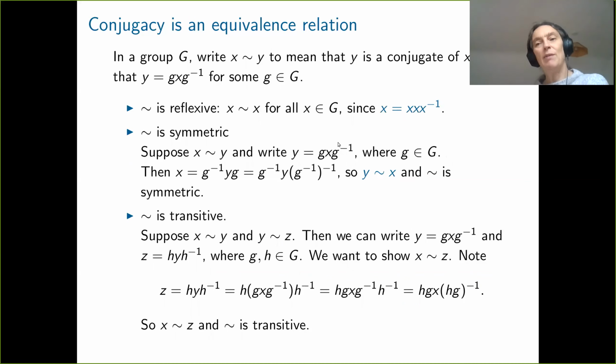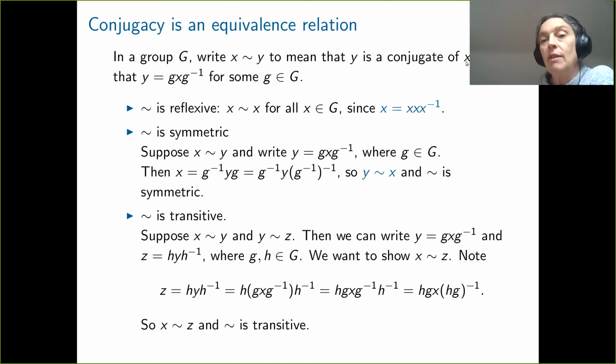Well, a relation on some set, for example a group, is a statement that one element can be related to another, or that certain elements can be related to certain others. We're going to use the tilde symbol to write that one element is conjugate to another. So we write x ~ y, x related to y, to mean that y is a conjugate of x.